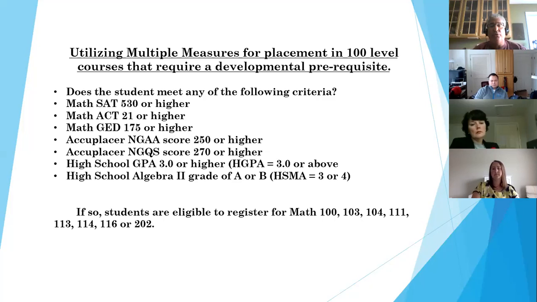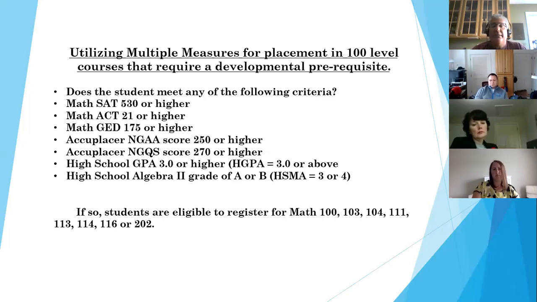For those of you who haven't seen this yet, students are now eligible to take 100 level courses that have a prerequisite of one of our developmental courses. In order to do this, they need to meet one of the following criteria: SAT math score of 530 or higher, all the way down through high school GPA of 3.0 or higher.